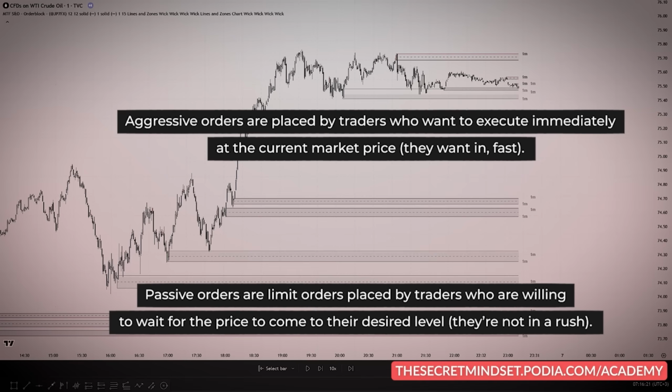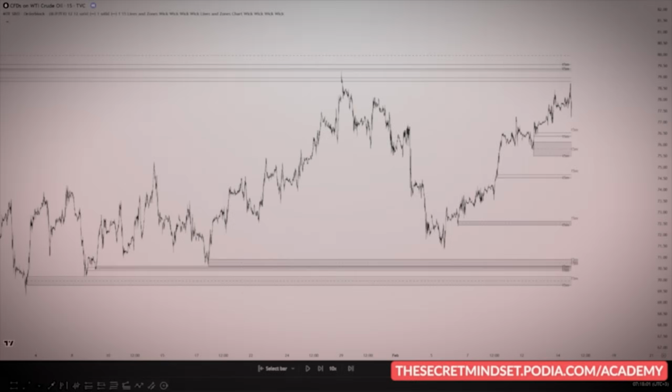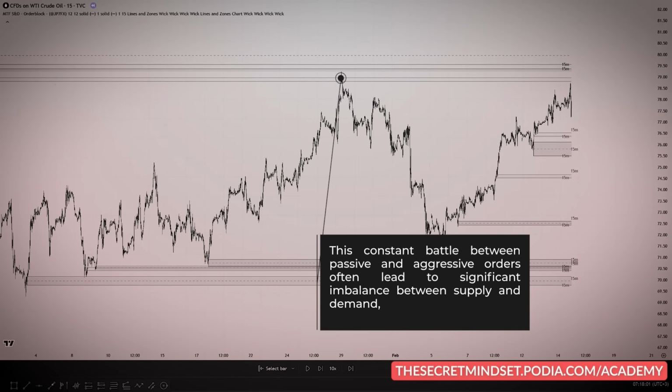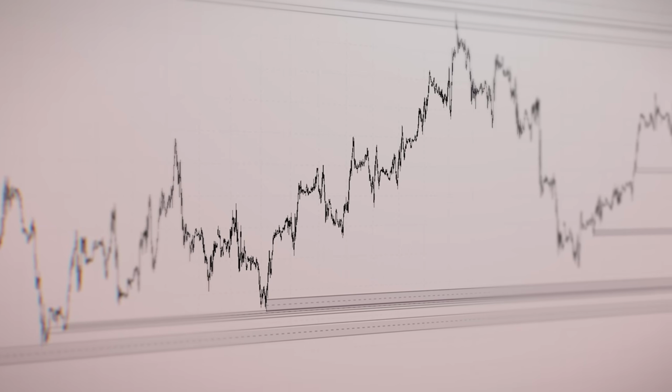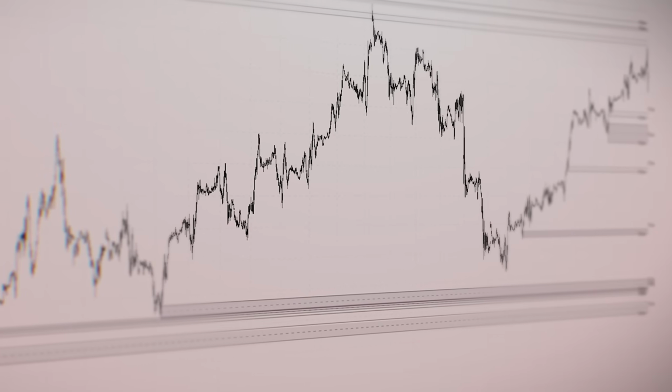They are not waiting around for a specific price. They want in, fast. This constant battle between passive and aggressive orders is really what causes those explosive price movements you see on your charts when there's a significant imbalance between supply and demand. So your job is to identify where major imbalances are likely to occur.